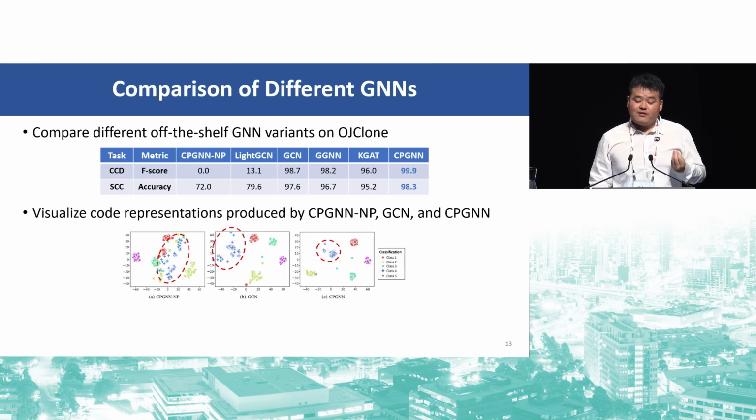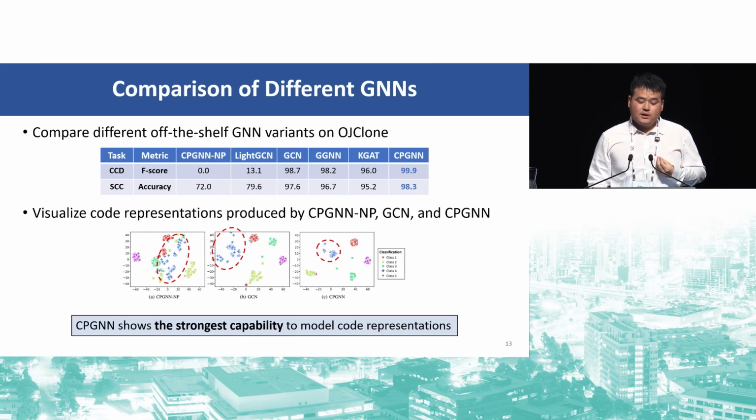From the figure, we can find CPGN achieves the best performance. For the samples in the same cluster, the samples are closer to each other, and for different clusters, CPGN can achieve clear boundaries. So we can conclude CPGN shows the strongest capability to model code representations.